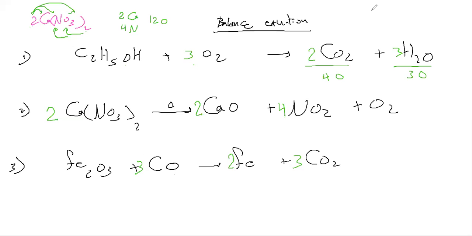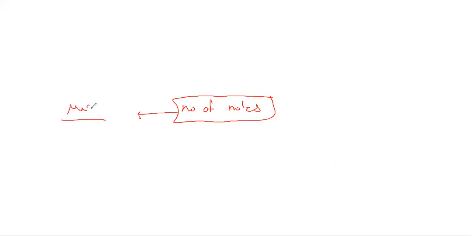These are for balancing equations. After that, for calculations, how to calculate number of moles. For number of moles, you must know that number of moles equals mass over molar mass. This is in case of solid. Volume in decimeter cubed over 24 is for gas at RTP, room temperature and pressure.